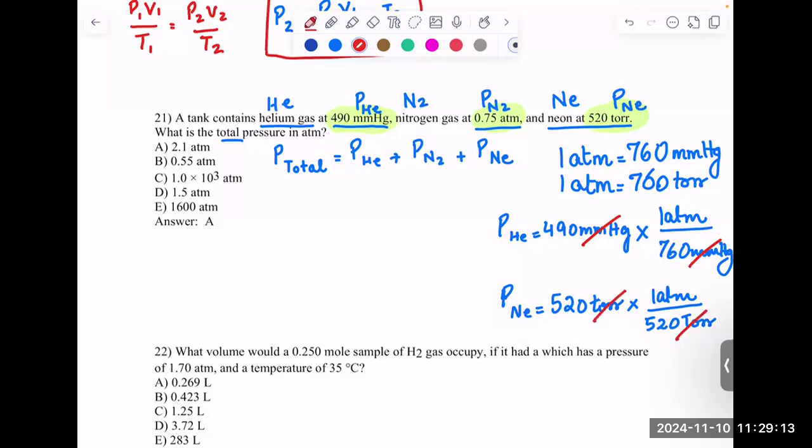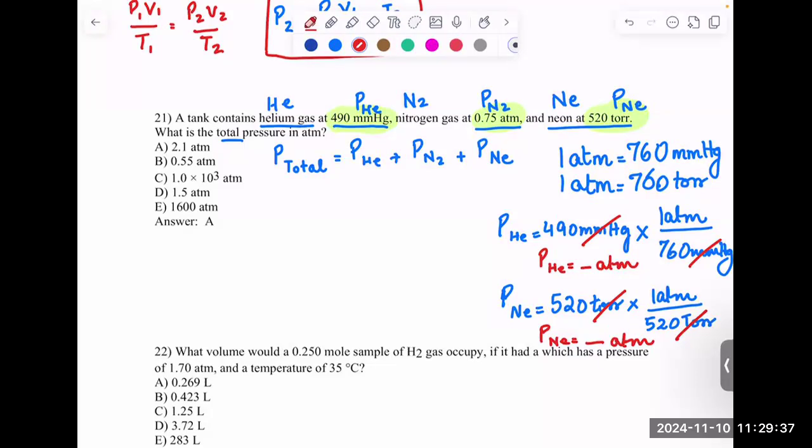Whatever answer you get here, you're going to then put those numbers in the main formula. They want you to find the total pressure, but we want to see that you use the converted values. So this gives you the pressure of helium in atm, and this gives you the pressure of neon in atm.